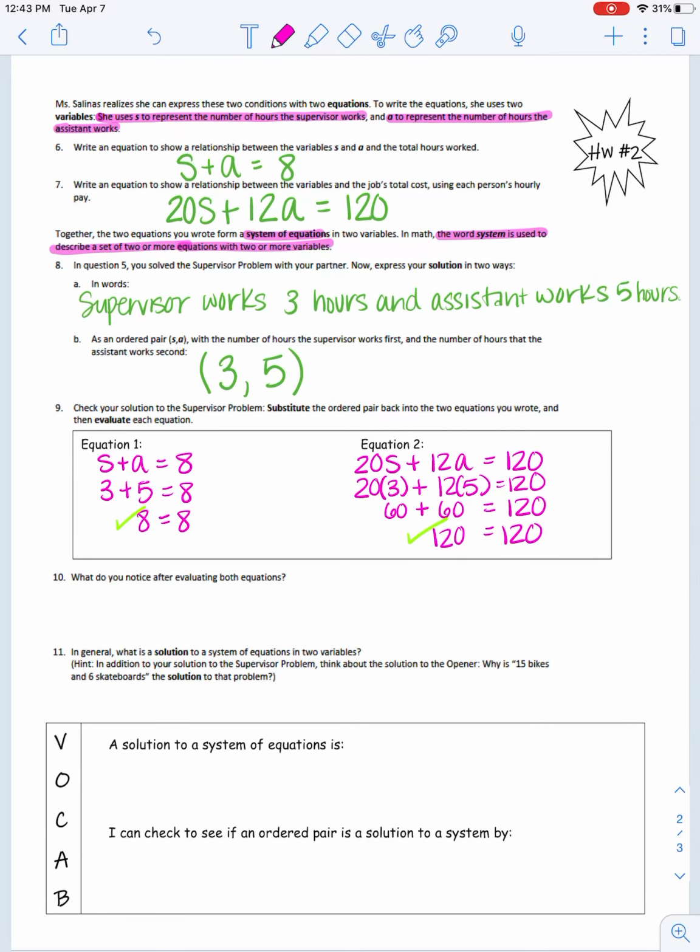So what can we say about what we noticed? Well, 3, 5 works in both equations. In general, what is a solution to a system of equations in 2 variables? In general, it's a point that works in both equations.